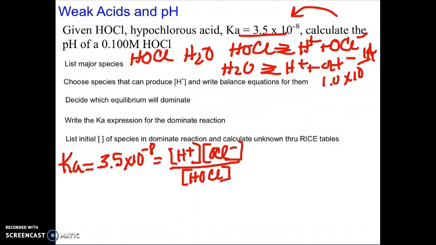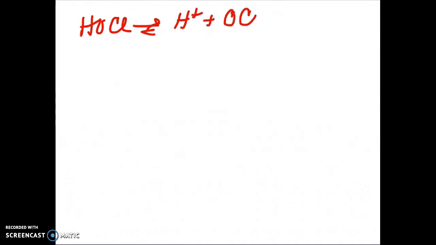Now I'm going to write my RICE table. I'm running out of space, so I'm going to add another page and write from there. With my RICE table, the equation that's dominating, producing the most hydrogen ion, would be HOCl going to H+ plus OCl-.